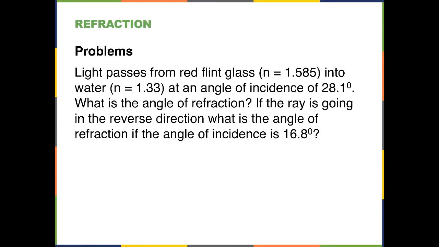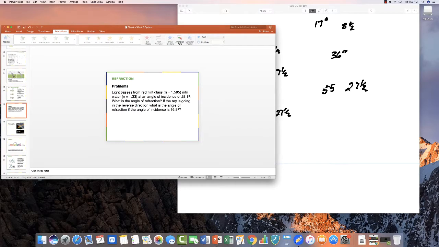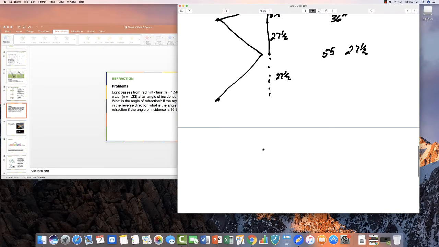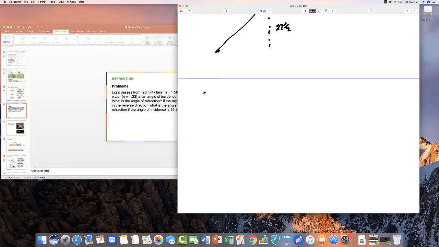Now let's do this problem. Light passes from red flint glass, which has an index of 1.585, into water, which has an index of 1.33, at an angle of incidence of 28.1 degrees. What is the angle of refraction? So this is pretty straightforward. First of all, we know that the index of medium 1 times the sine of angle 1 is equal to the index of refraction of medium 2 times the sine of angle 2.